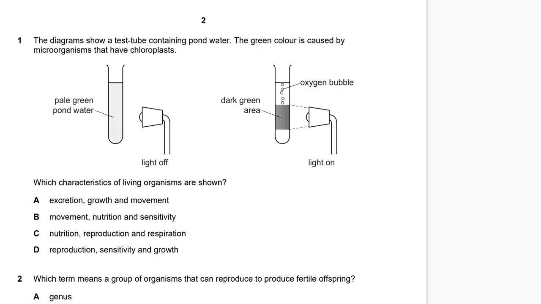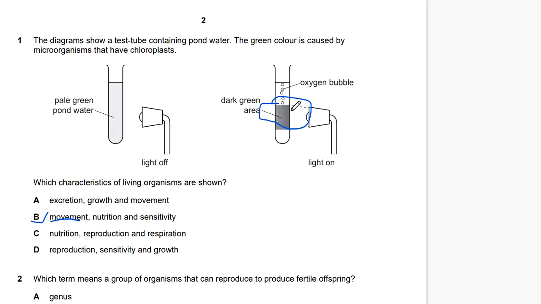Of course, the right answer is letter B. Why letter B? We have the movement, the movement of the cells going to this part where the light is turned on. Then of course nutrition. Why? Because nutrition is when you see the oxygen bubbles, where photosynthesis took place.